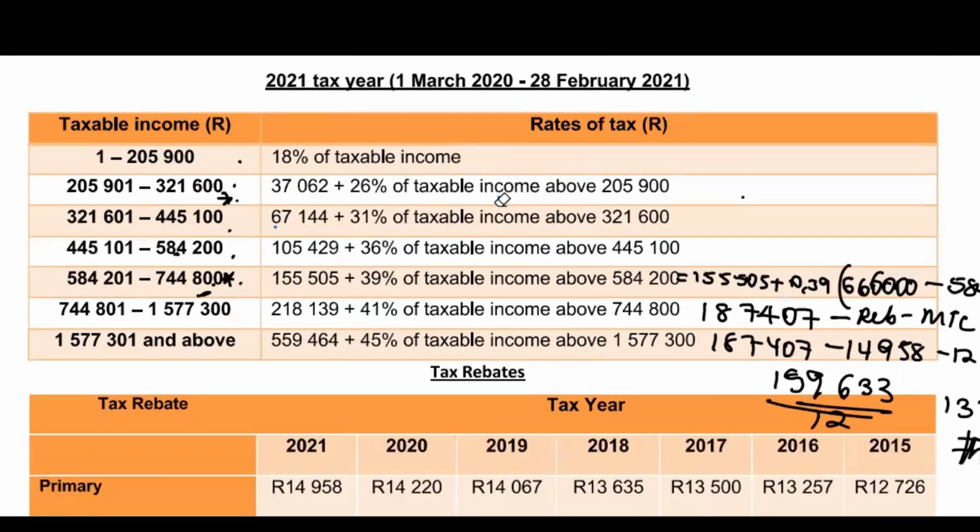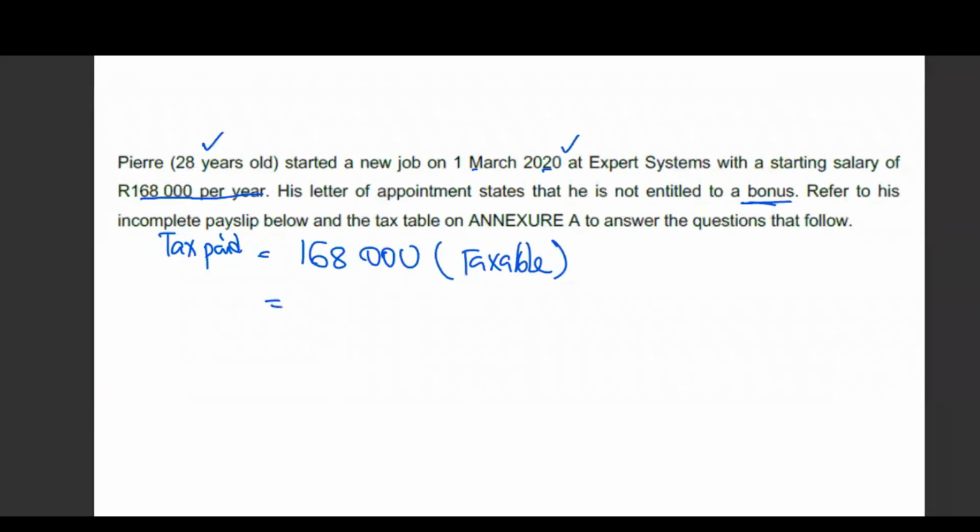It's in bracket number 1, which states 18% of 168,000. The answer becomes 30,240.